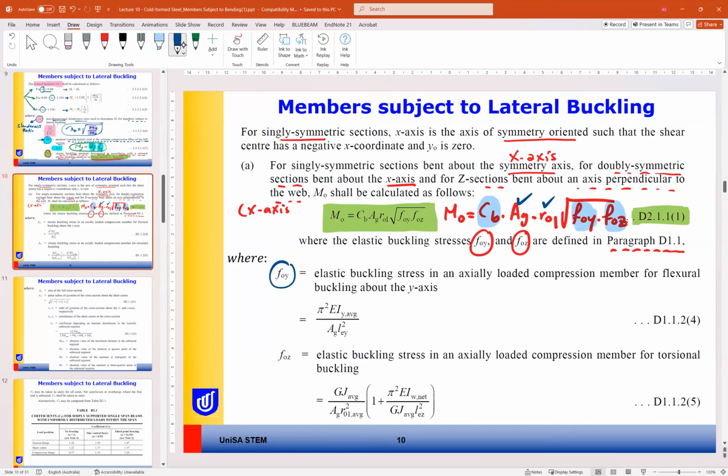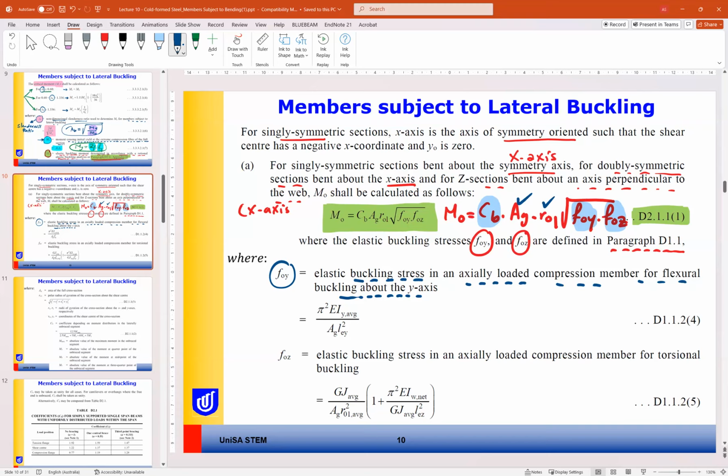FOY is the elastic buckling stress in an axially loaded compression member for flexural buckling about the y-axis. So FOY is the elastic buckling stress for an axially loaded compression member, or any member under compression, because the bending moment will also cause compression in parts of the section.